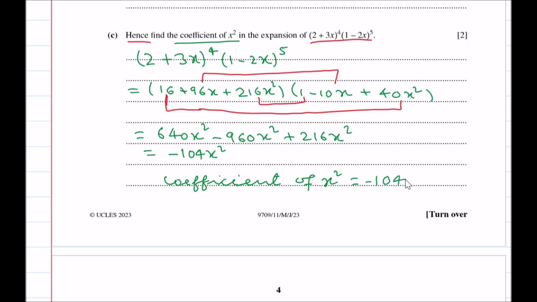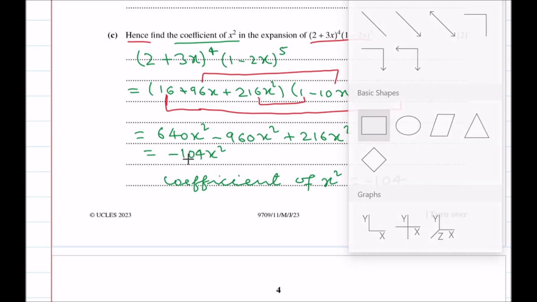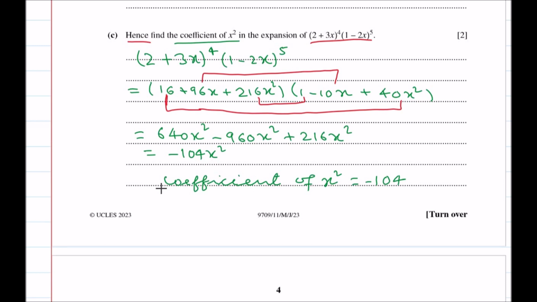So this is the answer. Let us highlight our answer. So we are done with this question.